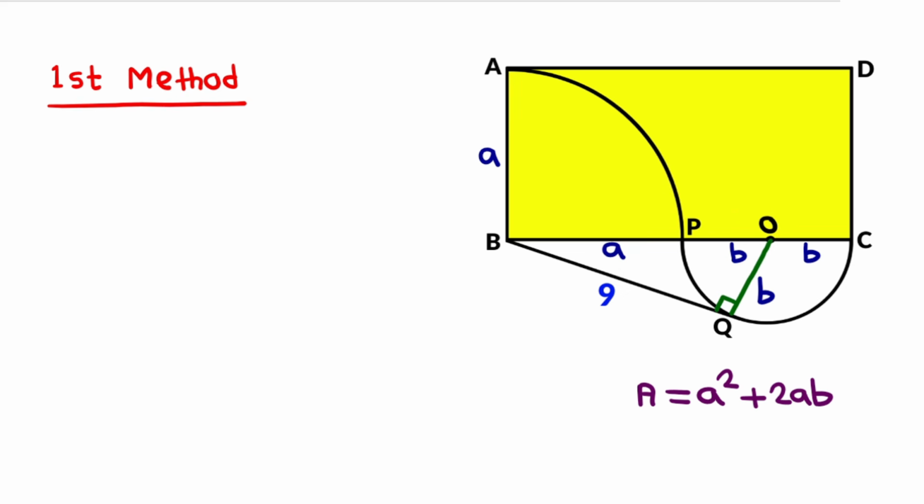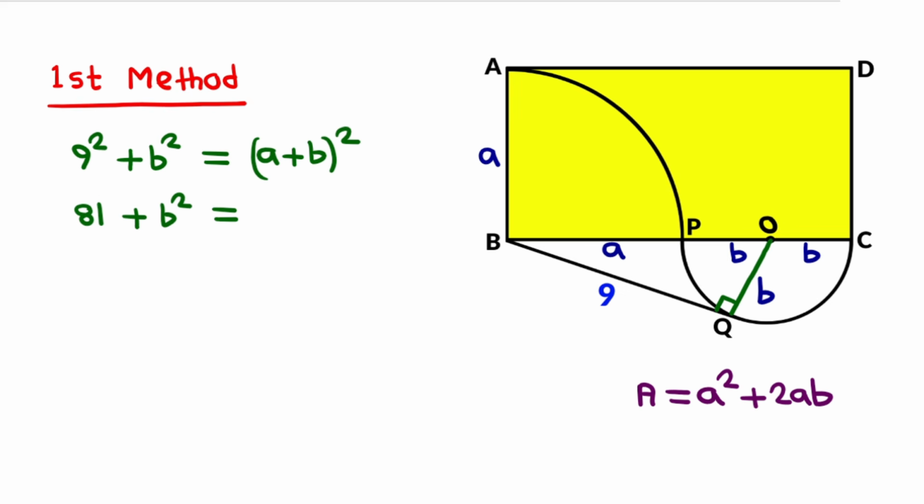Time for the Pythagorean theorem. 9 squared plus B squared equals the quantity A plus B squared. 9 squared is 81 plus B squared equals, expanding the right side gives A squared plus 2AB plus B squared.